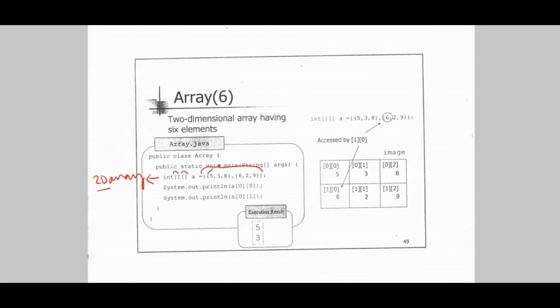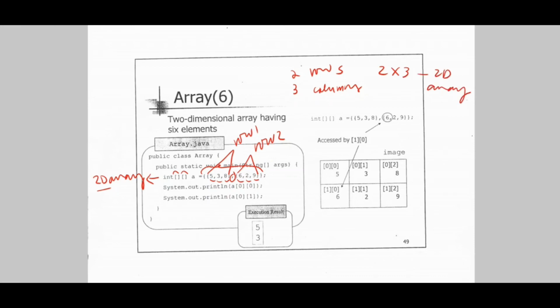We have here the first row, and then a comma, second row. So this is row 1, and this is row 2. And each row has 1, 2, 3 elements. So this has 2 rows, and this has 3 columns. So this is a 2 by 3 2D array.